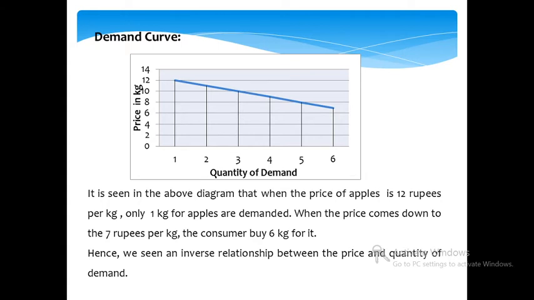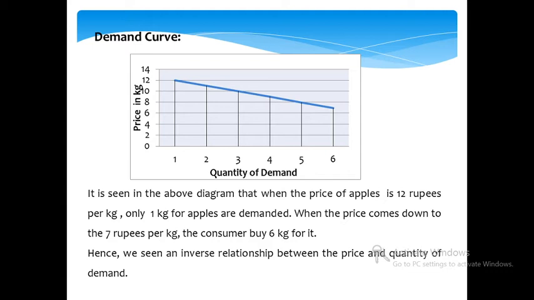Then this is the demand curve. This demand curve is drawn with the help of the particular data given below, and this particular demand curve has a negative slope. It is also seen in the above diagram that when the price of apples is 12 rupees per kg, only 1 kg of apples is demanded.